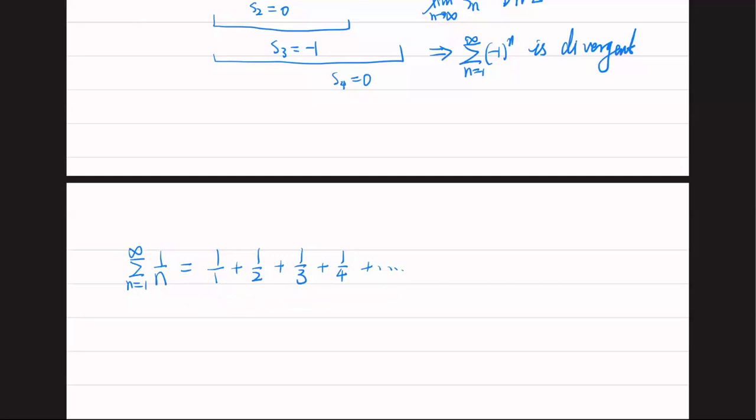What's the name? Summation of all the reciprocal integers. We call this the harmonic series. Now, if we find the limit of the terms, it goes to 0. But is this convergent or divergent? How do we determine that?